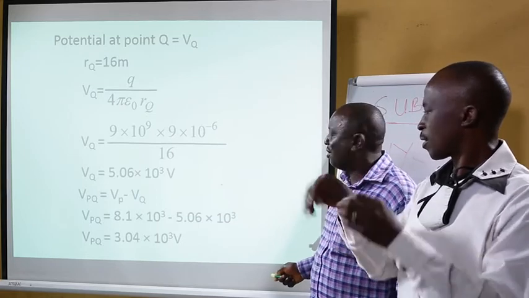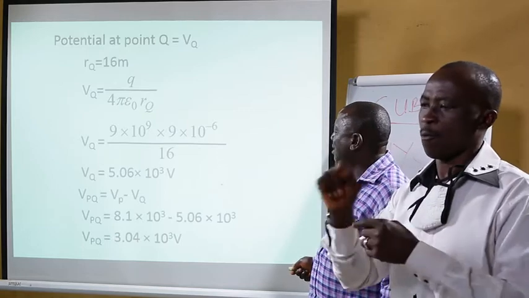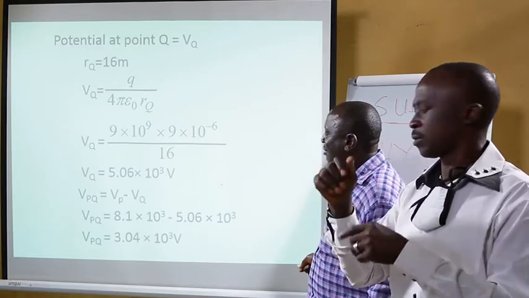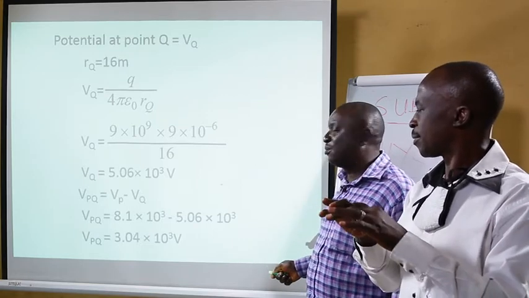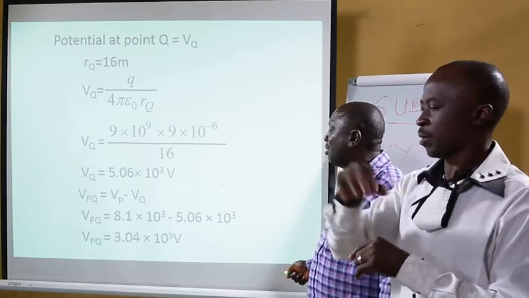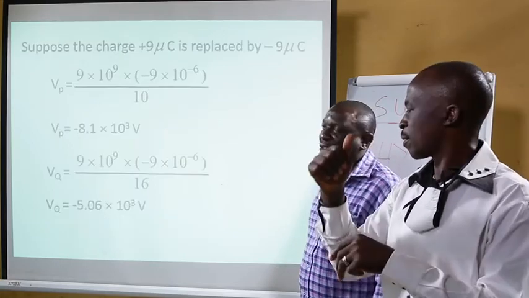And that gives us V_PQ equals 3.04 times 10 to the power 3 volts. That means the potential difference between point P and point Q is 3.04 times 10 to the power 3 volts.